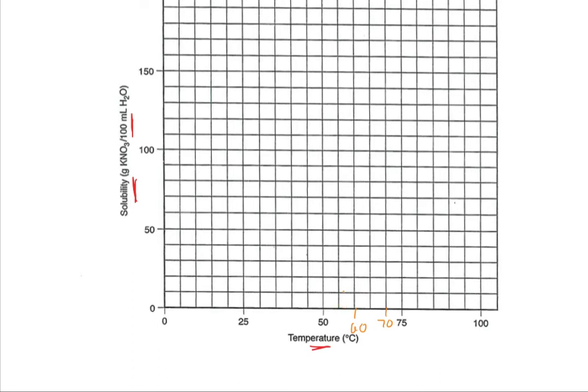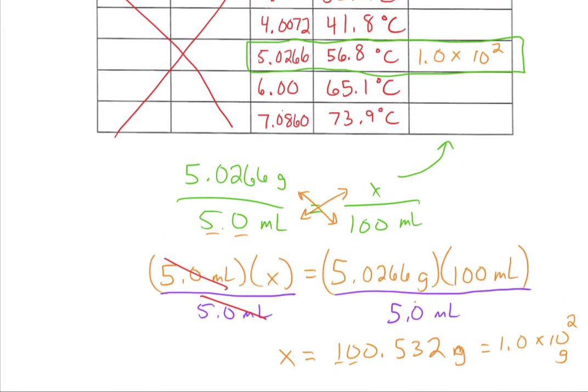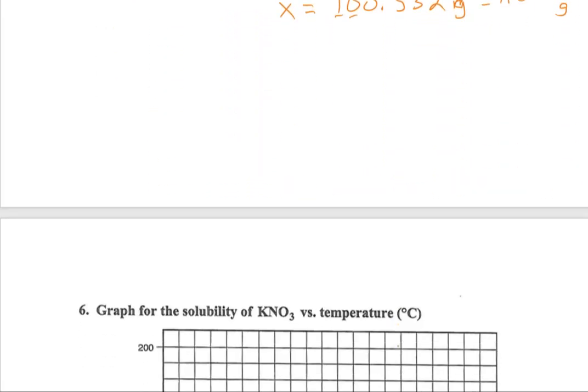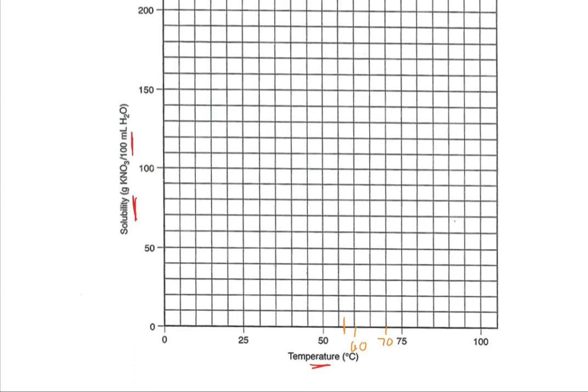And so it's going to be about right there. And then, oh, well, it's 100 grams. Right, so it would be right there. So basically, you're just going up until those two data points intersect. And that's your first plot on the graph.